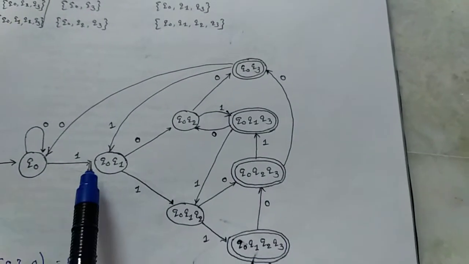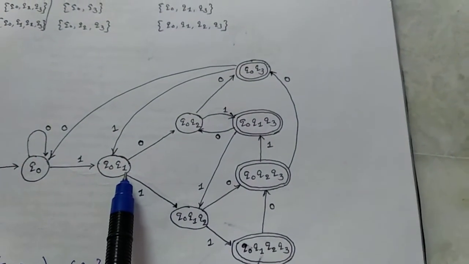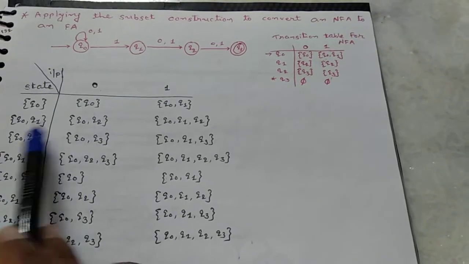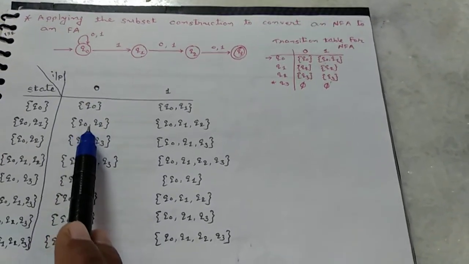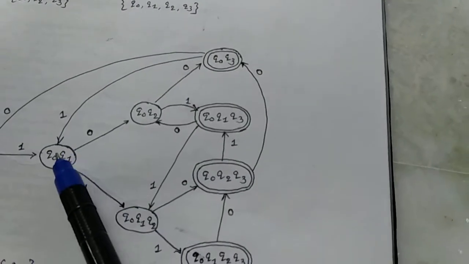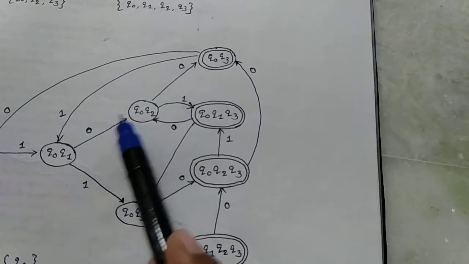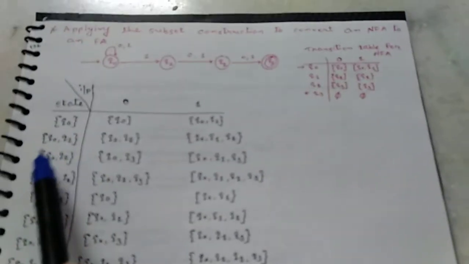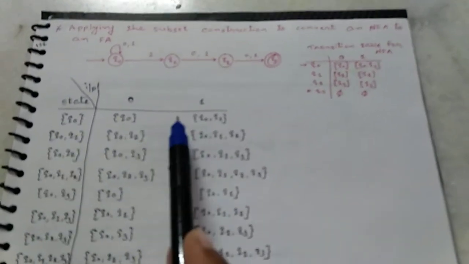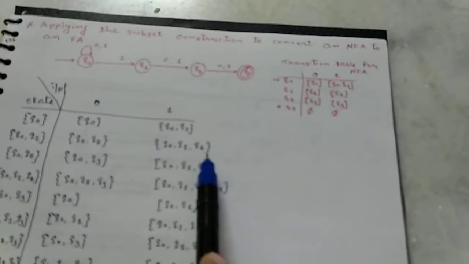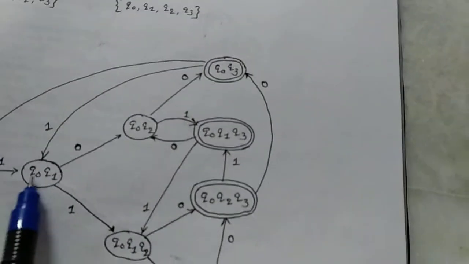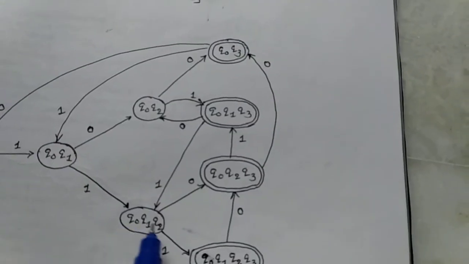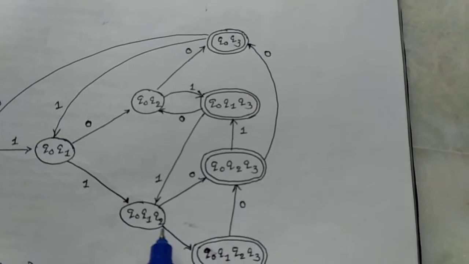So Q0 on 1, the next state is Q0, Q1. Next, Q0, Q1 on 0, the state is Q0, Q2. Next, Q0, Q1 on 1, the state is Q0, Q1, Q2.